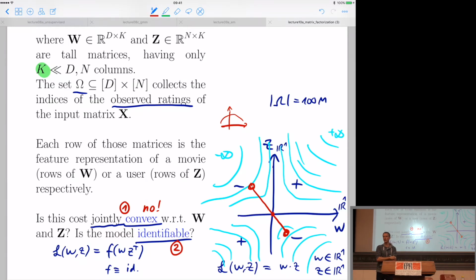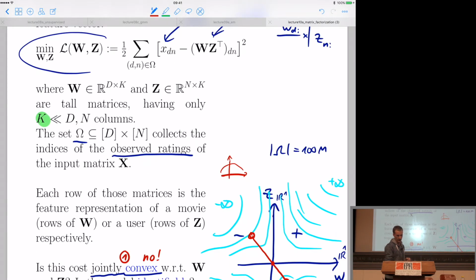Let me give you some optimal solution. Let's say this particular W and Z is optimal. Now, can you find other optimal solutions if I give you that? So remember, here is your F of W and Z transpose.